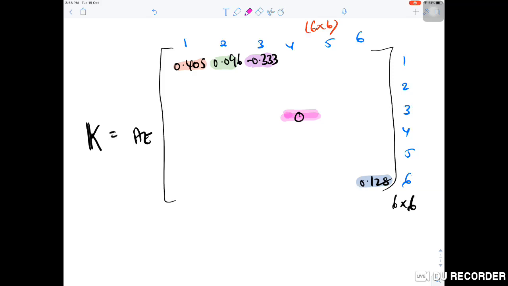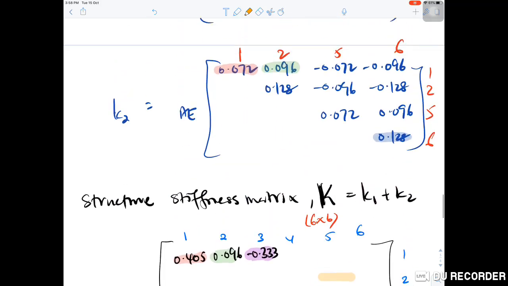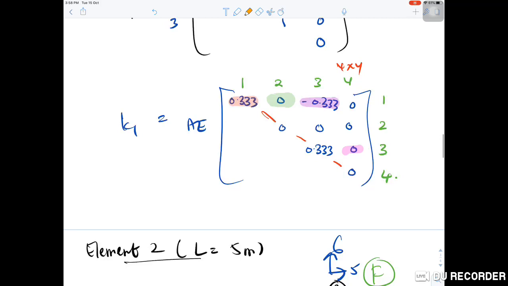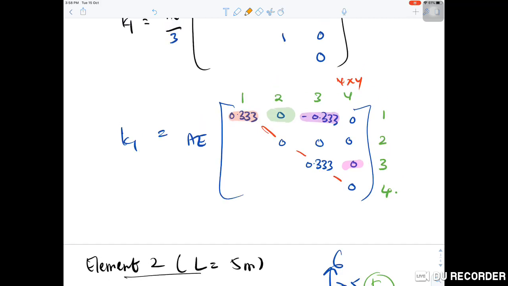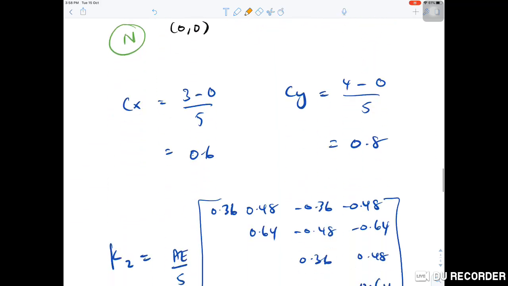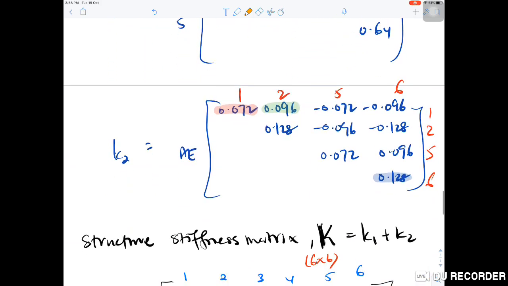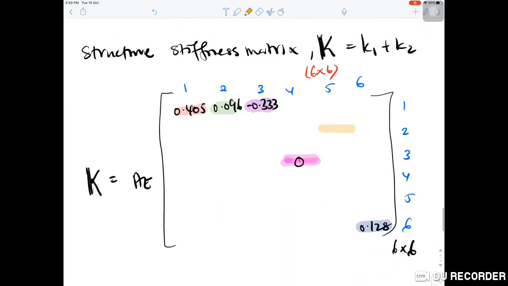We find no 2, 5 in K1. And in K2, 2, 5 is equivalent to 5, 2, and it is negative 0.096.